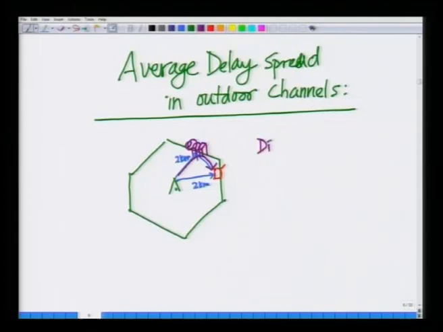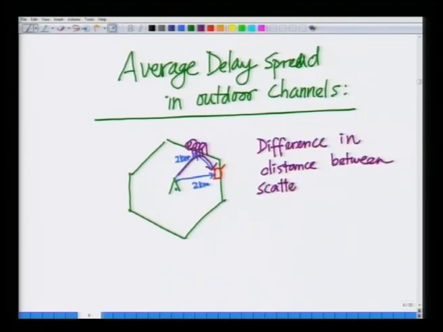So, the difference in the distance between the direct path and the scatter path, let me write it down clearly over here, the difference in distance between scatter path and direct path is approximately of the order of kilometers, right, because the direct path is around 2 kilometers, the scatter path is around 3 to 4 kilometers.